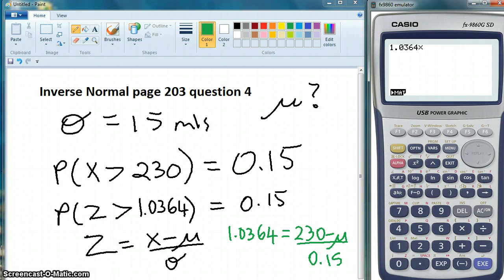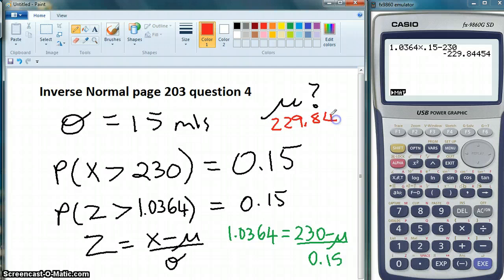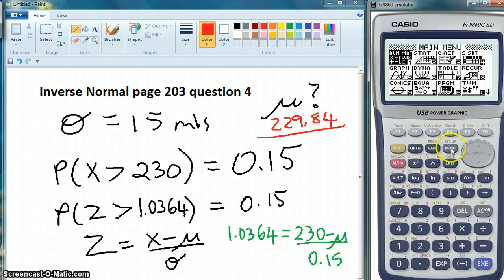And then I'm going to times by the 0.15, and then I'm going to take away the 230, and that's going to give me my negative mean. So my mean is actually going to be 229.84.